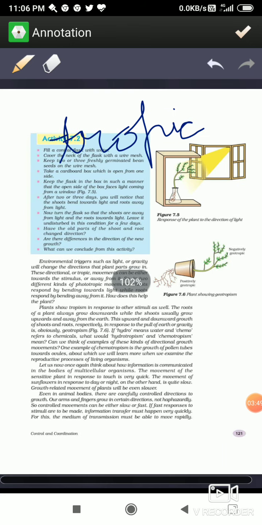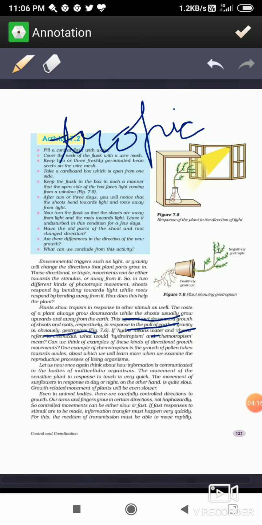Geotropism, the movement of a plant upward or downward in response to gravity, is known as geotropism. Hydrotropism, again, hydro means water, so the movement of a plant towards or away from water is hydrotropism. Similarly, chemotropism is the movement of a plant due to some chemicals.